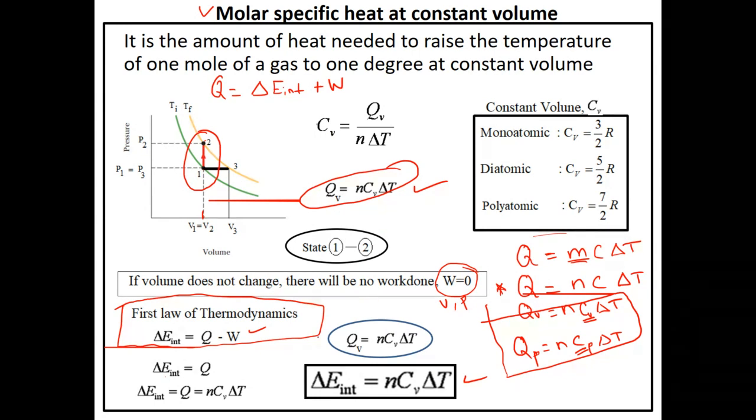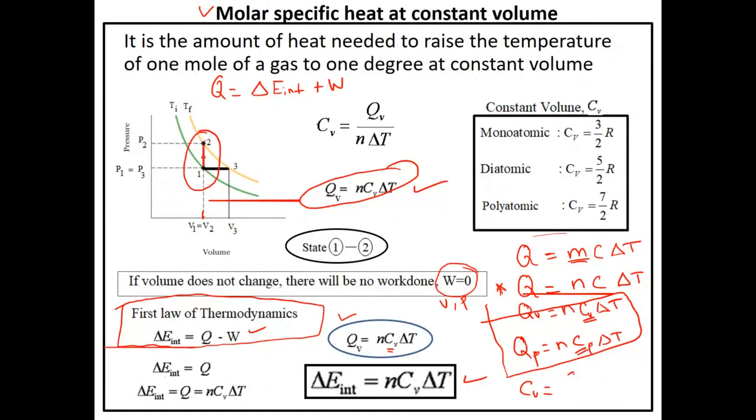This formula is for the molar specific heat. So you can derive the molar specific heat at constant volume from this equation. If you are asked the question, define molar specific heat at constant volume, you have to rearrange this equation in terms of CV. So if you rearrange, what will you get, my dear?